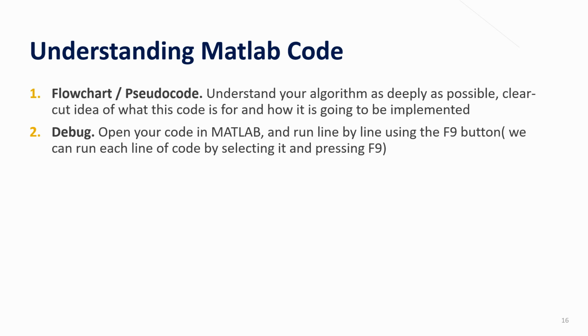First, in order to understand the algorithm deeply, you can try to create the pseudocode or flowcharts of using Gauss with partial pivoting. And in Matlab, we can use the debugging functions to go step by step into each line of the code.